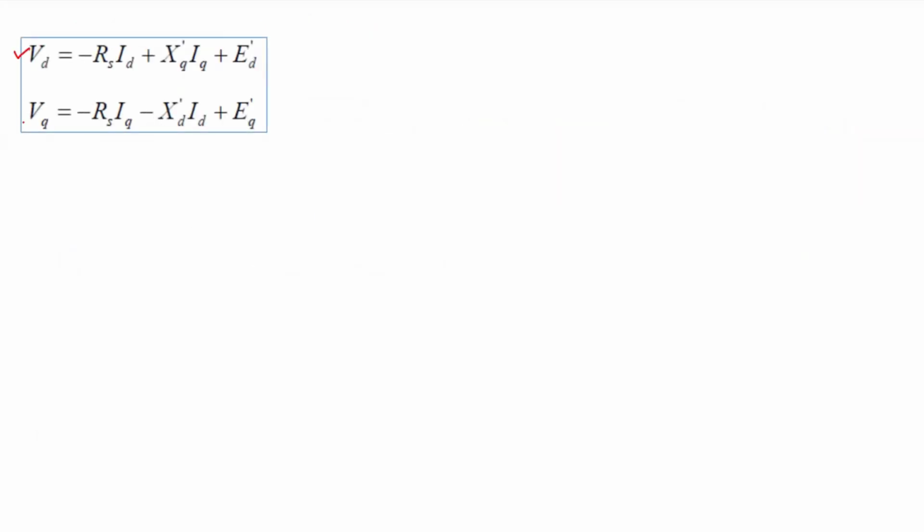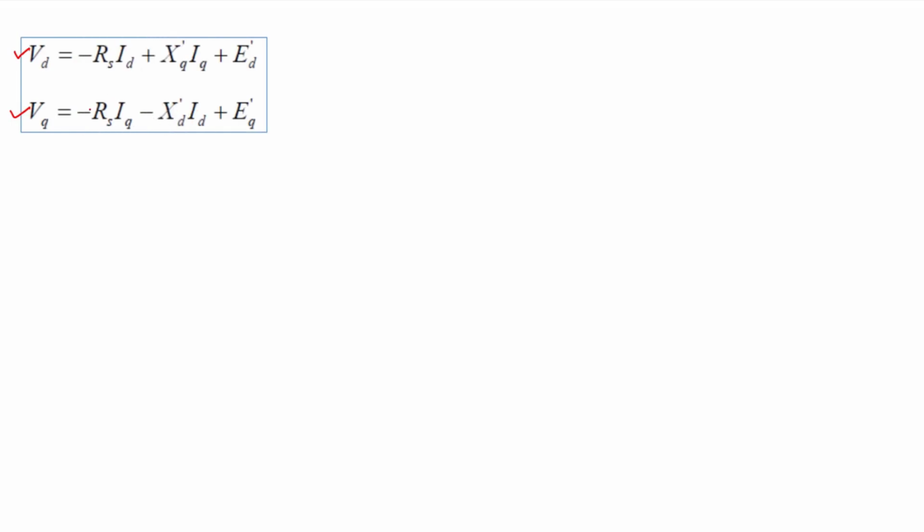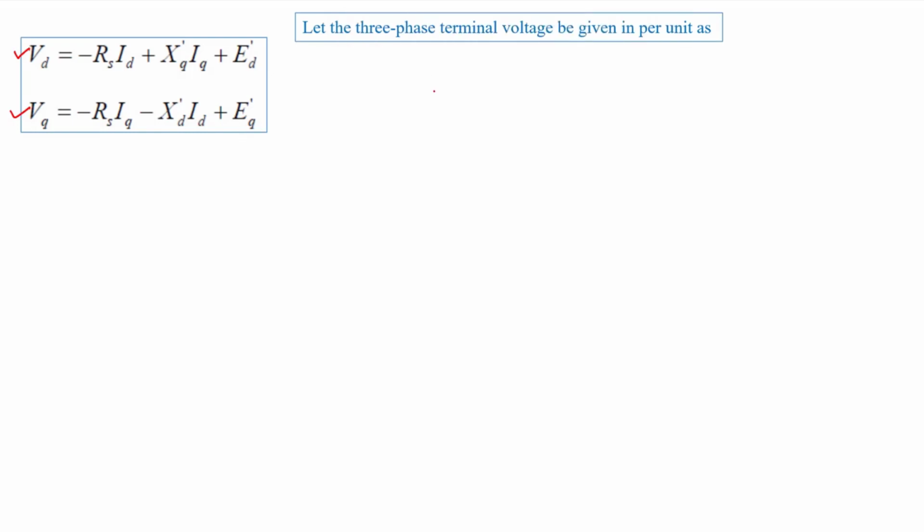Your VD and VQ will become, just substituting psi Q and psi D in these two equations: VD is minus RS ID plus XQ dash IQ plus ED dash, and VQ is minus RS IQ minus XD dash ID plus EQ dash, right?